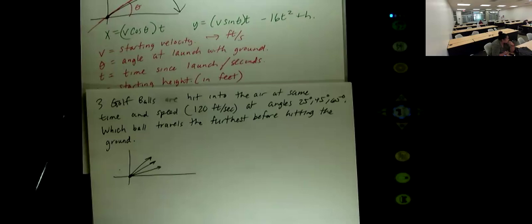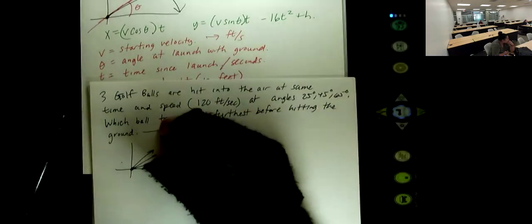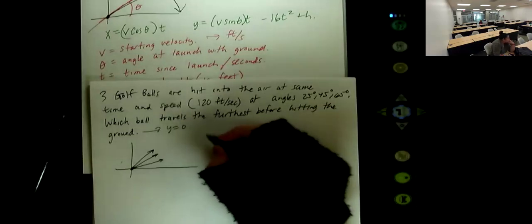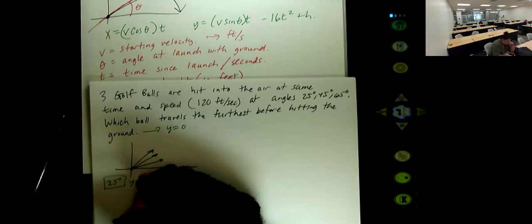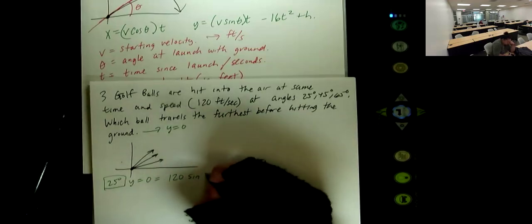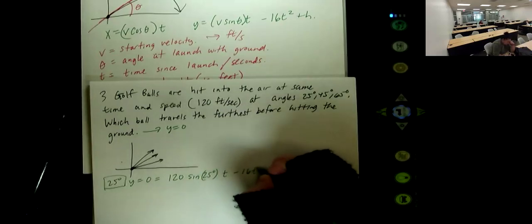So if we're going for when it hits the ground, what should be true when it hits the ground? y should equal 0. So if we plug this in, let's do the 25 degree. y equals 0, that equals v, which is 120 feet per second, times sine of 25 degrees, times t minus 16t squared.